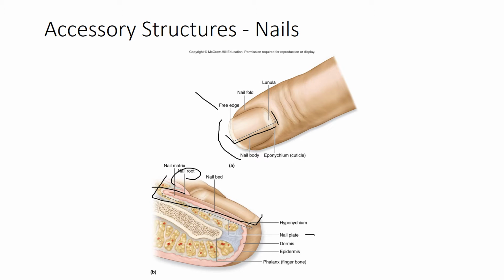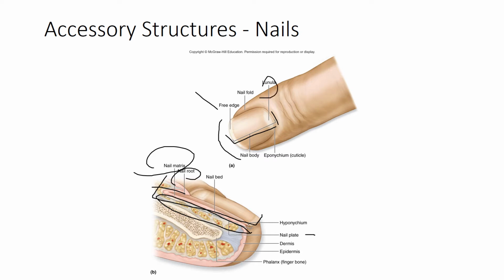The nail body is covered by a layer of the epidermis that is slightly pink in color, except at the free edge. The nail matrix is the most proximal portion of the nail, and this is where mitosis occurs, so this is the growing portion of the nail bed.